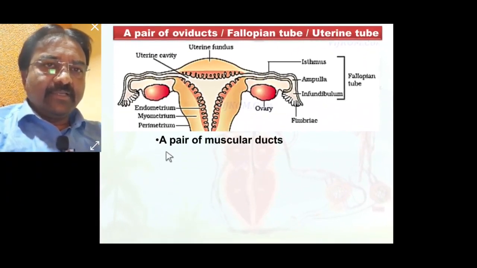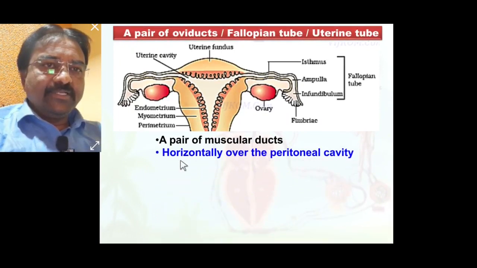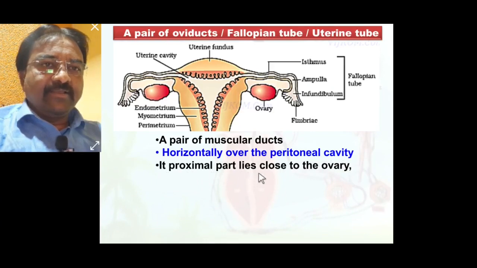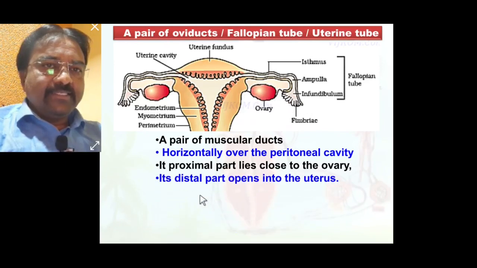Oviducts are paired muscular ducts lying horizontally in the peritoneal cavity. Its proximal part lies close to the ovary, seen here. This is the proximal part of the oviduct, lying close to the ovary, and the distal part opens into the uterus.